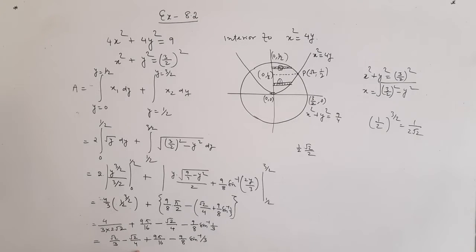Now this part, if you take root 2 common, 4 minus 3 is 1 by 12. So this becomes 4 root 2 minus 3 root 2, that is root 2 by 12 plus 9 pi by 16 minus 9 by 8 sine inverse 1 by 3. This is my area.